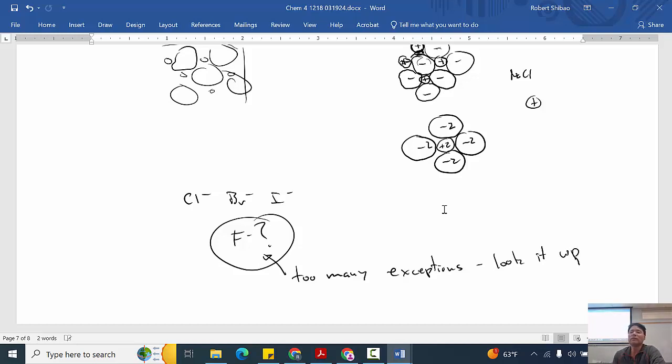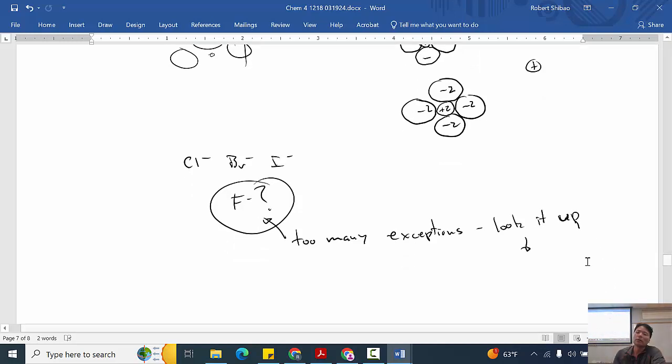Or if you want a solid source, Wikipedia is not considered necessarily a trustworthy source. There are other sources that are considered more trustworthy. The other sources would be the CRC handbook of chemistry and physics.